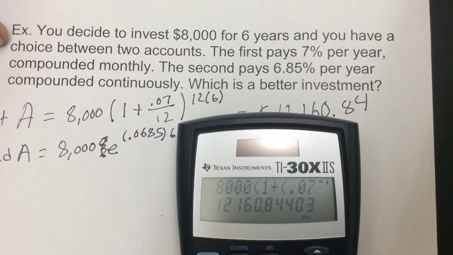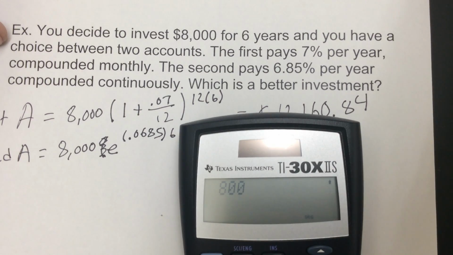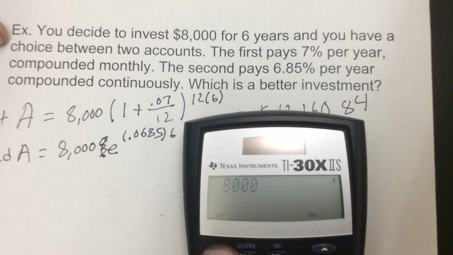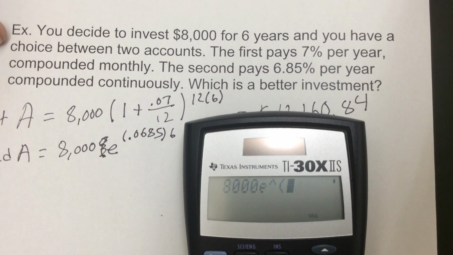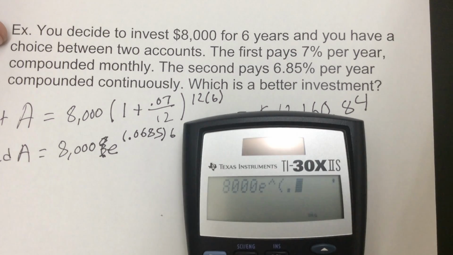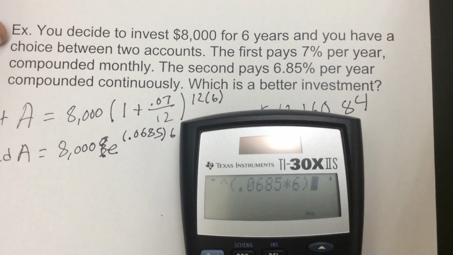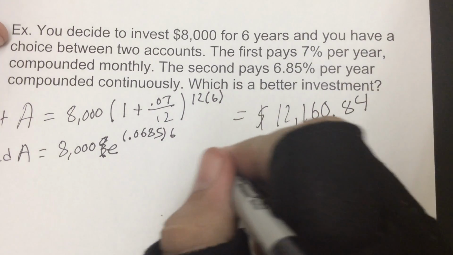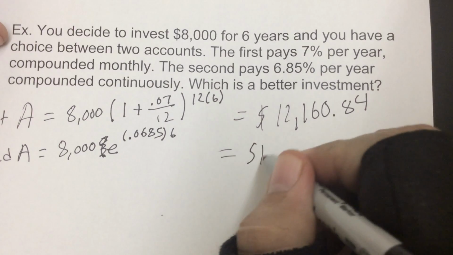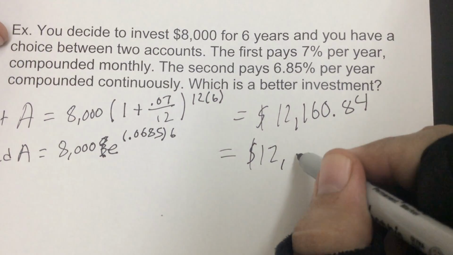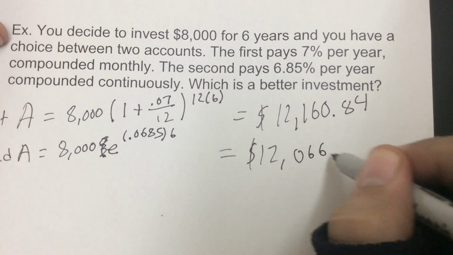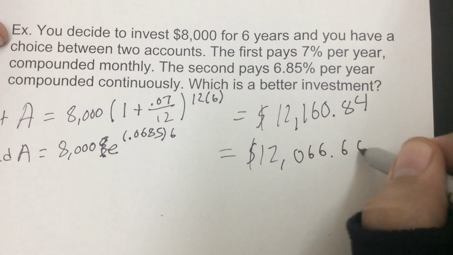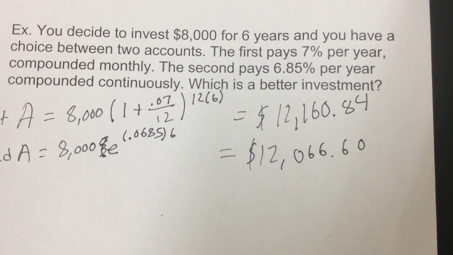So in here, 8,000, second ln to get my e. Now we're already in parentheses, so 0.0685 times 6. Close the parentheses, hit enter, and we have 12,066.60. So $12,066.60.